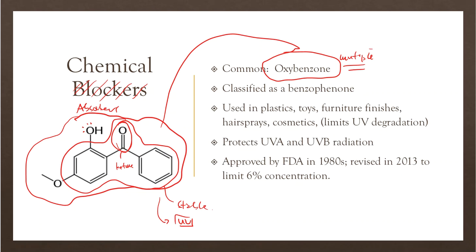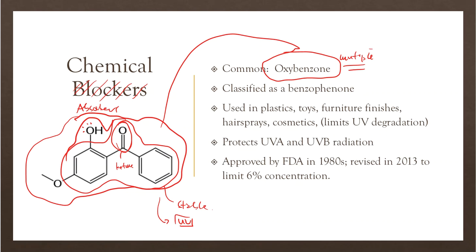You can think of the word phen for phenol, and that phenyl group is actually going to come from that OH group. So that whole grouping or cluster of carbons and hydrogens is going to be called a benzophenone. So tons of different molecules that are very strongly related here, and oxybenzone is just one of them.